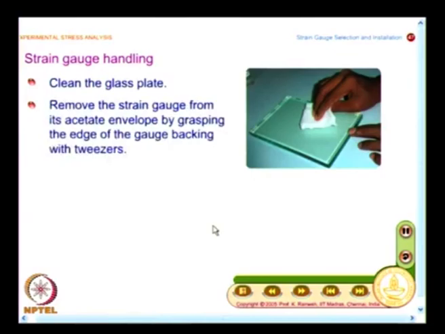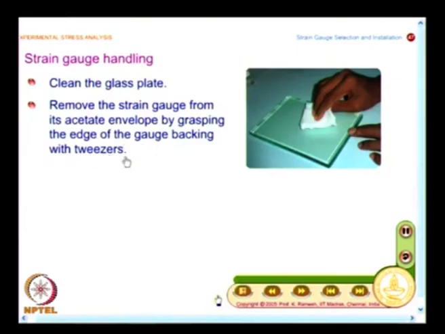Now, the surface is prepared, we have to take out the strain gauge and also have a via media to align it on the specimen. So, take a glass plate and clean it, that is where you are going to keep the strain gauge, and remove the strain gauge from its acetate envelope by grasping the edge of the gauge backing with tweezers.